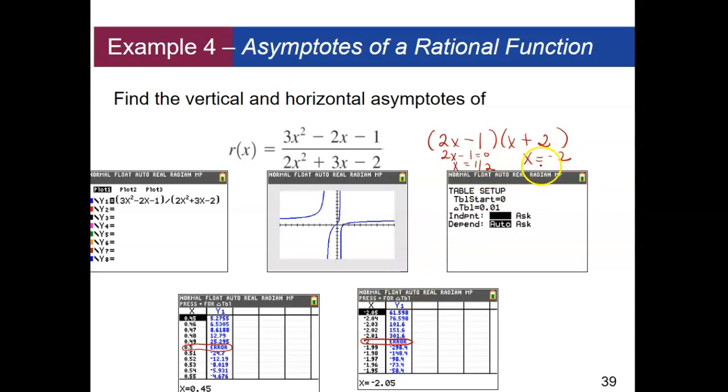So I'm going to expect to have an error message at the places where my vertical asymptote would occur. The other thing I want you to notice is as we get closer to those vertical asymptotes, our function value gets either really large or really small, depending on which direction it's coming from.